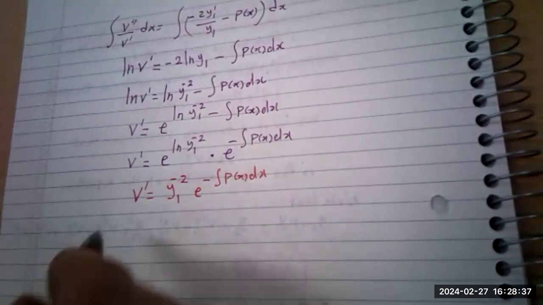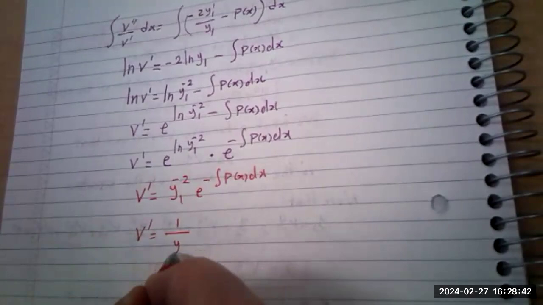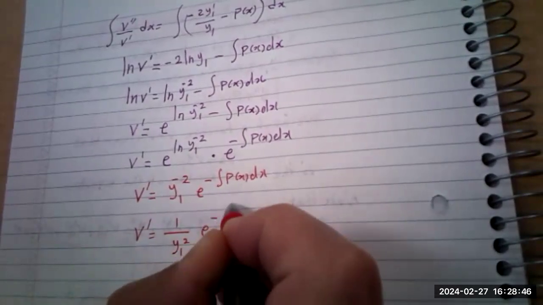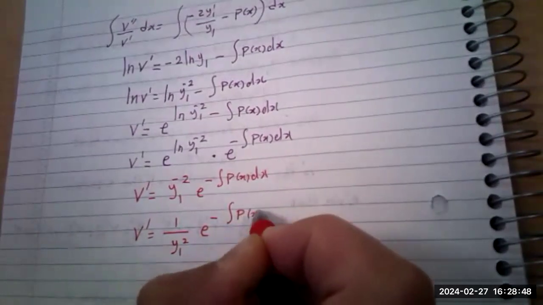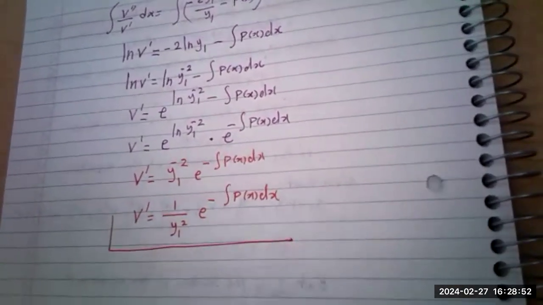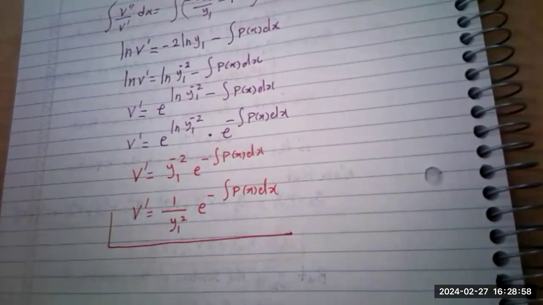Change the y1 to the -2 as 1 over y1 squared, e to the negative integral of px dx. This is going to be v prime, but we are looking for v. So integrate it.